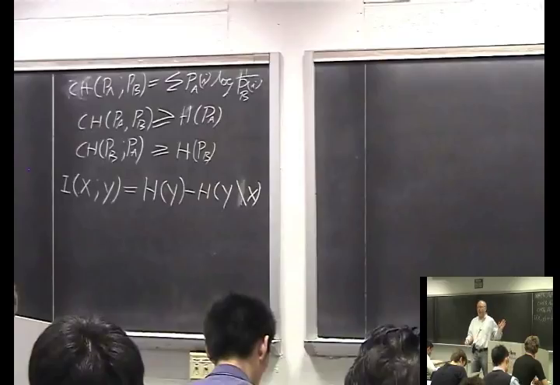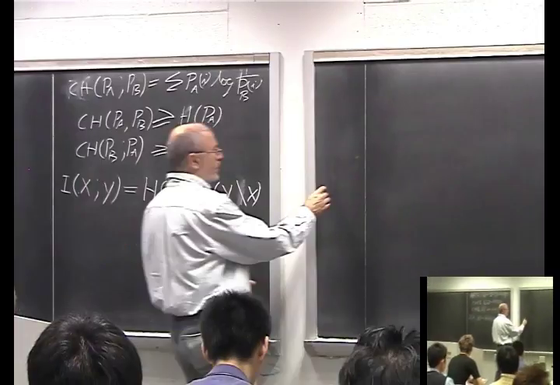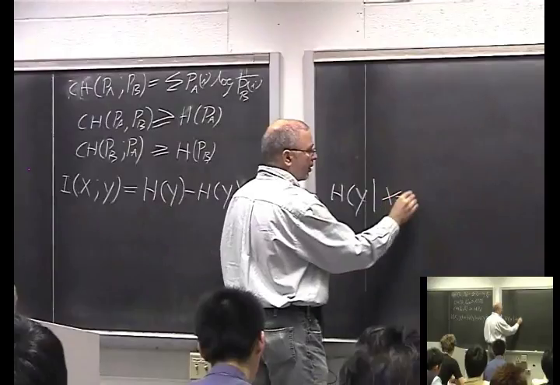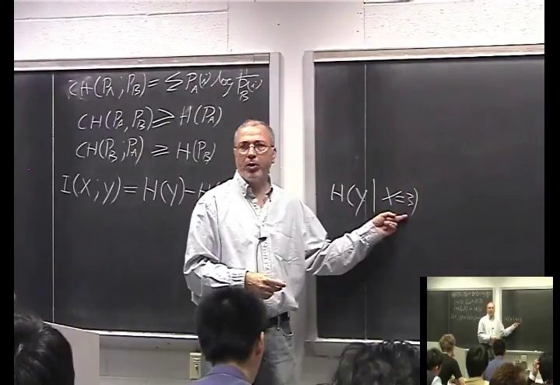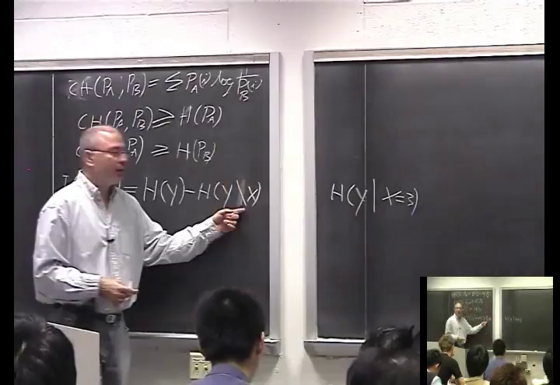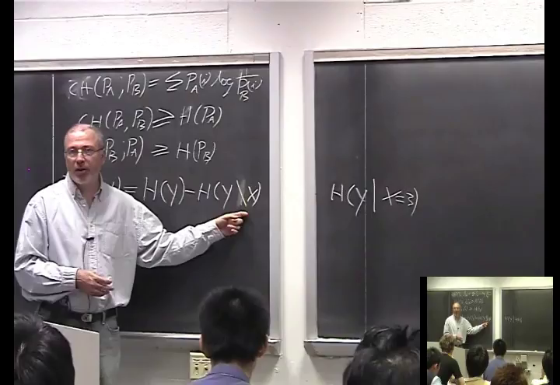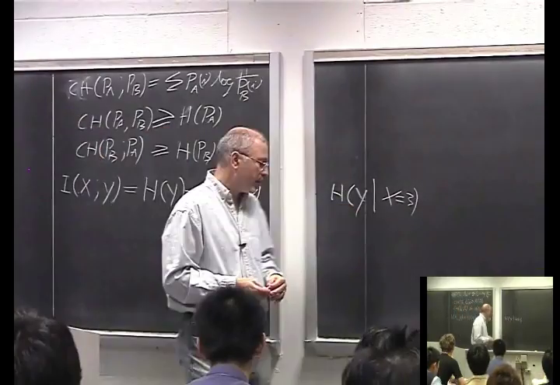Conditional entropy given X. Distinguish it from saying what is the entropy of Y given that X takes the value 3. This is still conditional entropy, but it's conditioned on a particular value. Here it's saying under the conditions where X is known, but X could still be anything. So you have to sum over all possible events like this.